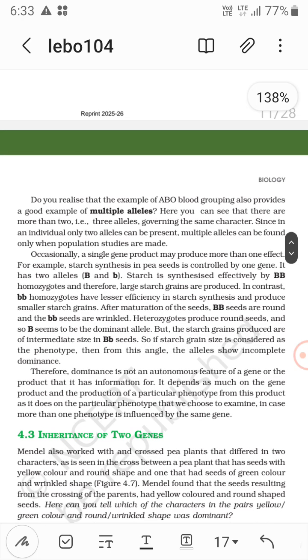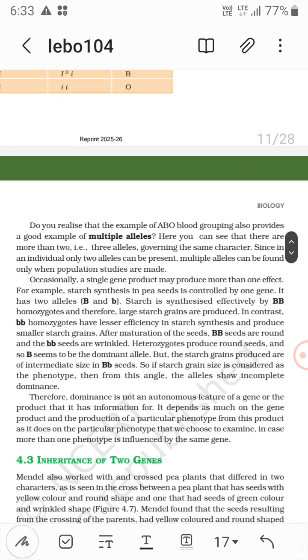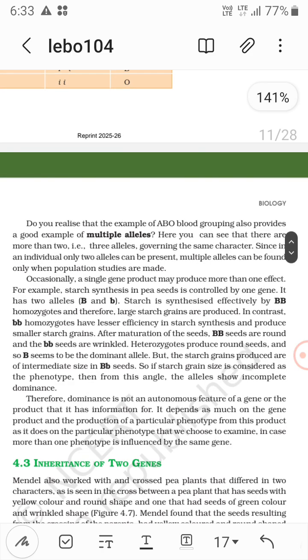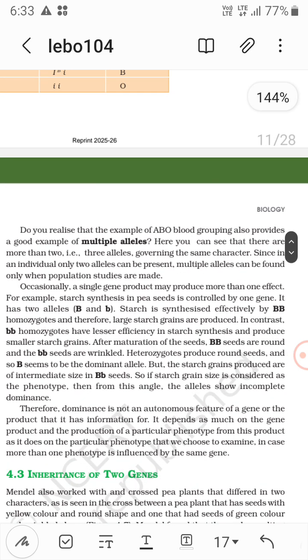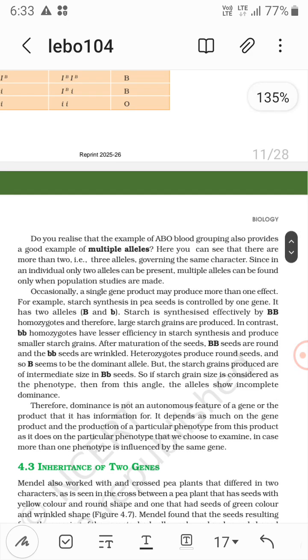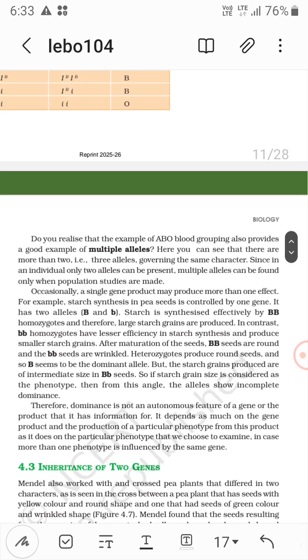Now occasionally a single gene product may produce more than one effect. For example, starch synthesis in pea seeds is controlled by one gene. It has 2 alleles, capital B and small b. Starch is synthesized effectively by capital B homozygotes, and therefore large starch grains are produced. In contrast, small b homozygotes have lesser efficiency in starch synthesis and produce smaller starch grains.